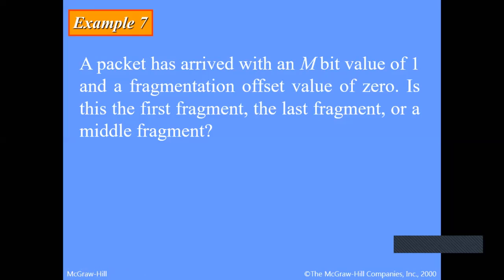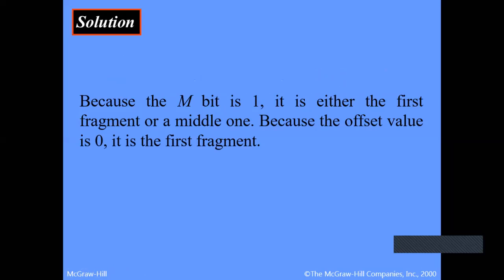So when the fragmentation offset value is 0, it is the first fragment. That means if the M bit is 1, it is either the first fragment or a middle one, but it is not the last fragment. And from the offset value, which equals 0, we can check that it is the first fragment. Clear?